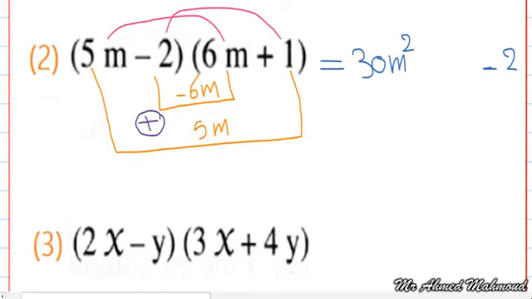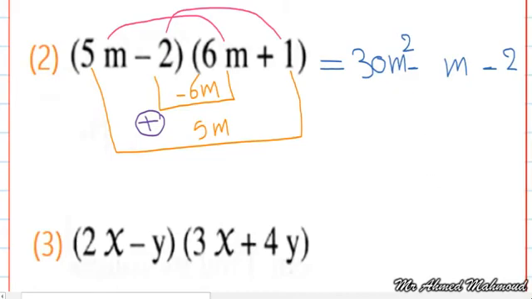Again, negative 6 plus 5 equals negative 1. Then the middle term will be negative 1m. And here we have 1, okay, it is useless. Then we are going to cancel this number, 1. Okay, then the final answer will be 30m to the power of 2 minus m minus 2.